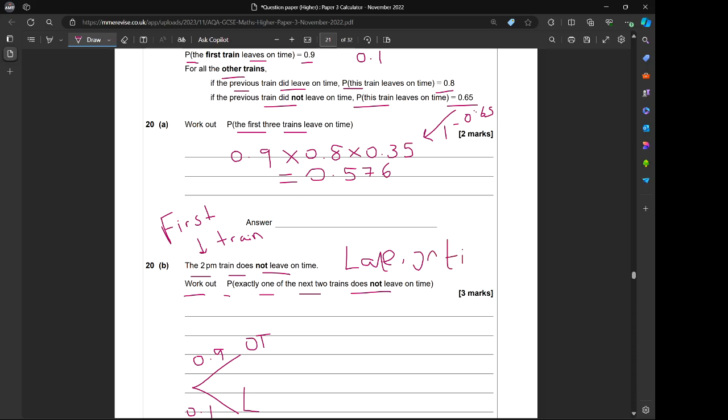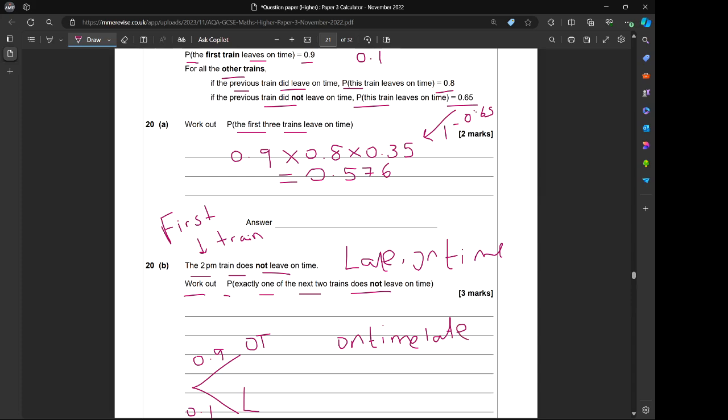Then we can have on time and late. Remember, I'm treating 2 p.m. here as our first train.